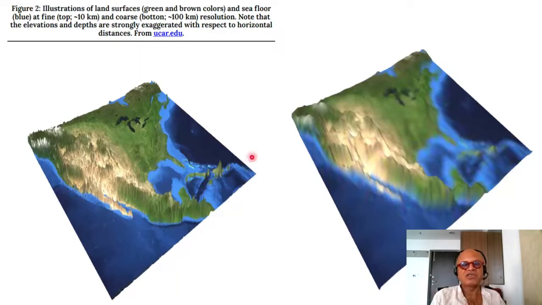It means in this case each grid is 10 kilometers on a side in the horizontal, and here it's 100 kilometers on a side. That means in this coarser grid, you are representing various processes like temperatures, winds, etc., averaged over a 100-kilometer box, whereas in the other one you are representing it as a 10-kilometer average over that box. But the representation of the land and vegetation, you can see this has much sharper features.